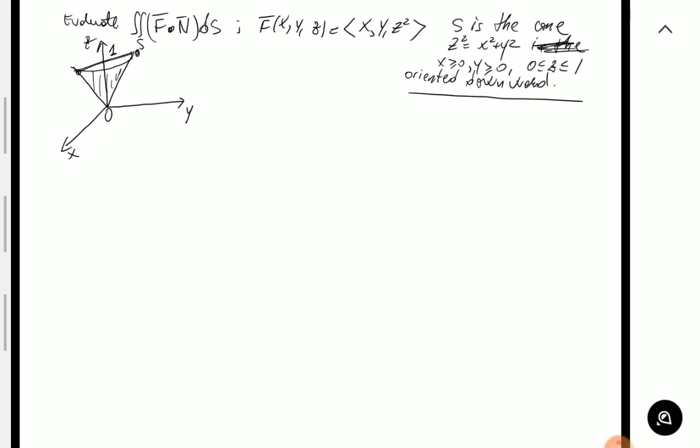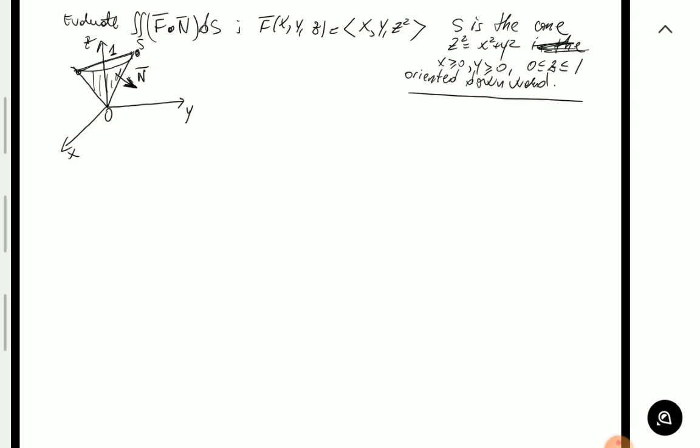So I want to know how much of this vector field goes through the cone, from the inside to the outside, oriented downward. I mentioned downward because I want the flow to be measured this way. If I pick any point and compute the normal, that's why you need to know the geometry of the object a little bit.